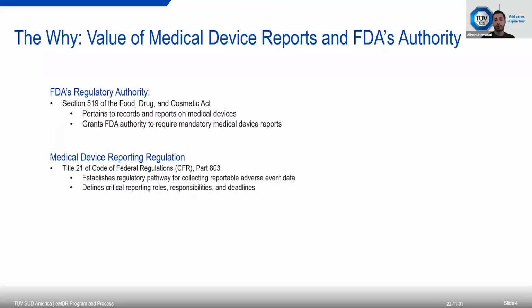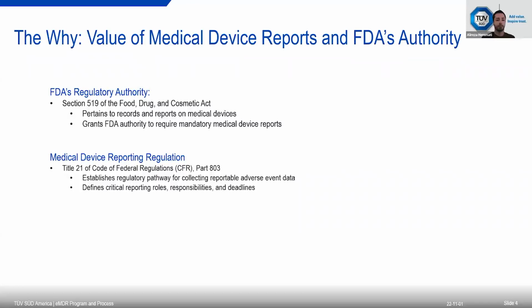FDA's regulatory authority stems from the U.S. Food, Drug, and Cosmetic Act, Section 519. It pertains specifically to records and reports on medical devices and grants FDA the authority to require medical device manufacturers, importers, and device user facilities to submit these medical device reports.